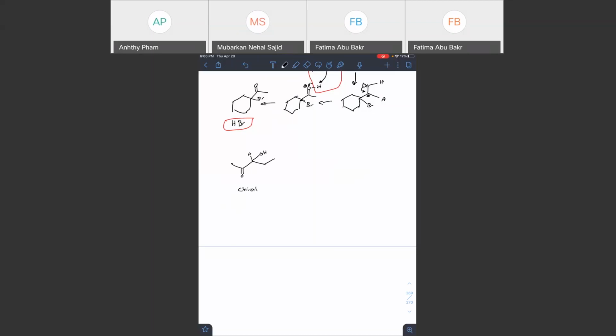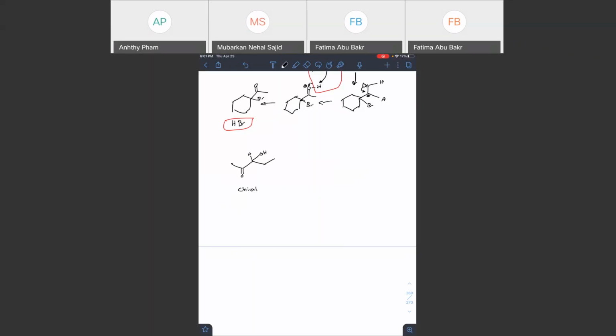And just to remind you of chirality, a chiral carbon is a carbon that has 4 substituents off of it. Each of those substituents must be unique from each other. And in this case, you see that that is the case. That's mainly the way to summarize it.